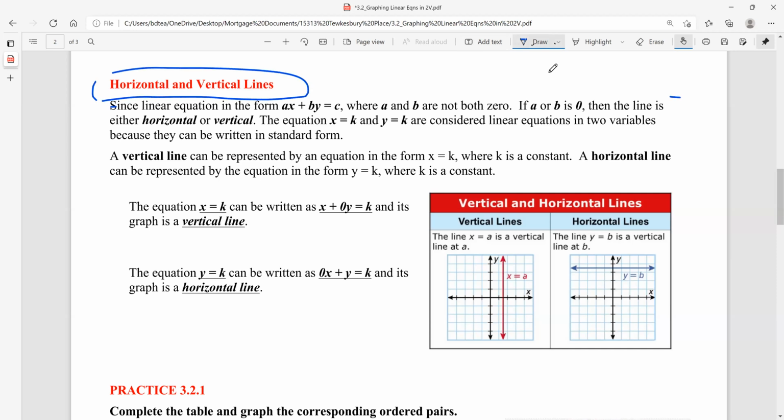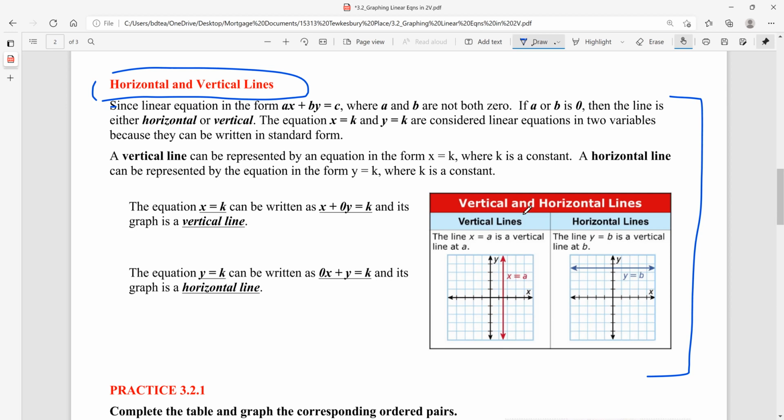And you can take a moment, pause, and read this here. But primarily, I want to make sure that you understand what a horizontal and a vertical line is. A vertical line, you see the line that goes up and down. And this is where x is a constant. So x is going to equal something.